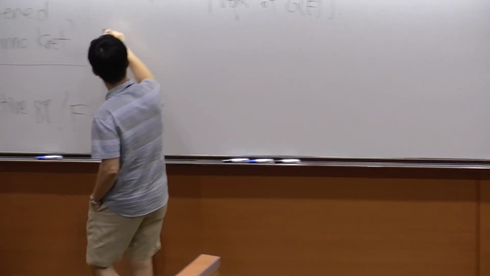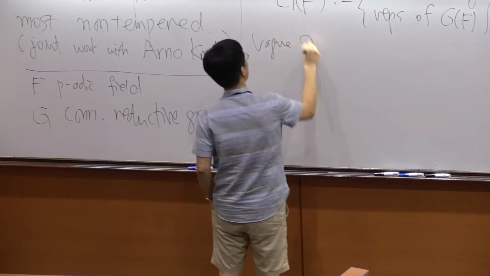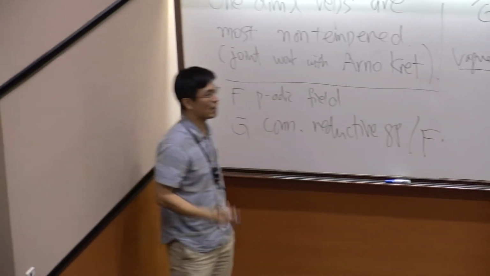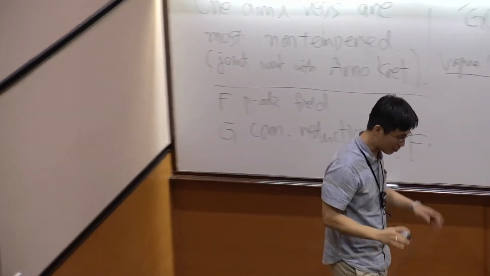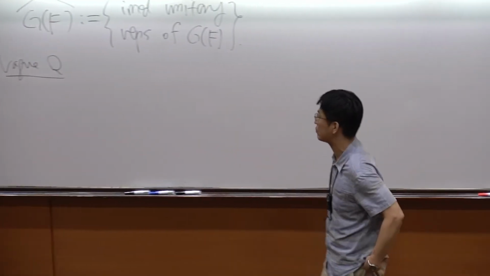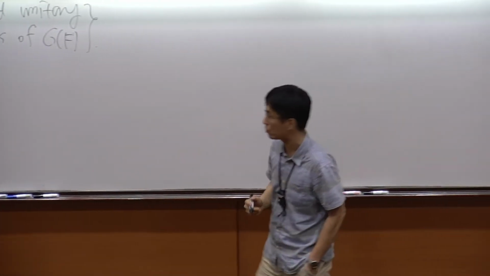Okay, so we want to understand the unitary dual, but actually my goal is much more modest, and I want to concentrate on the following vague question about the structure of the unitary dual.